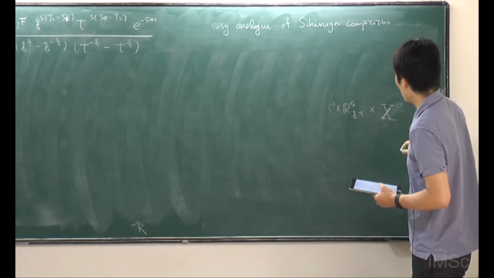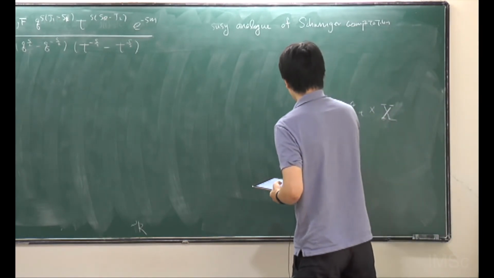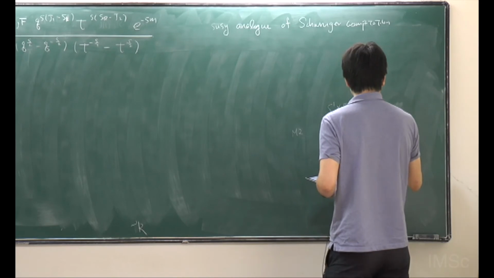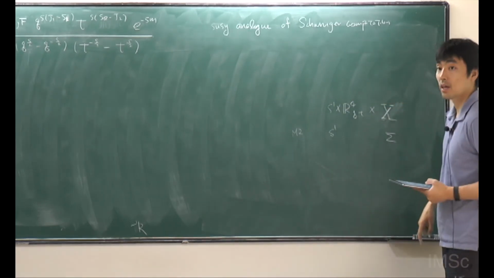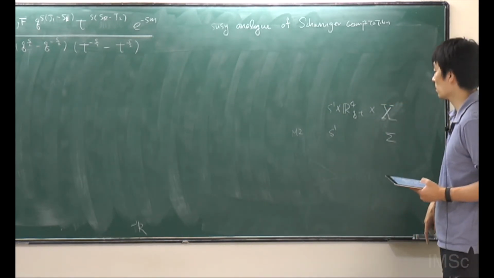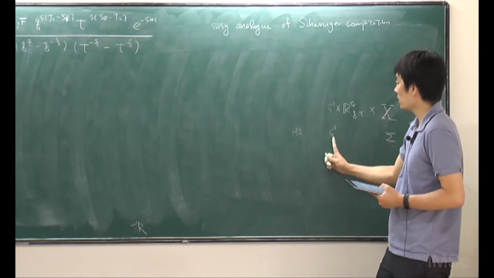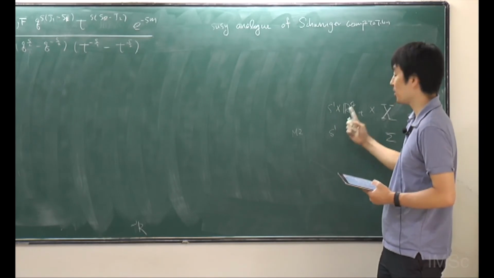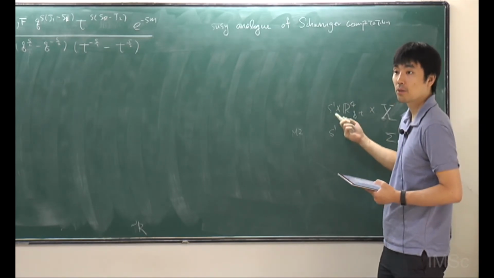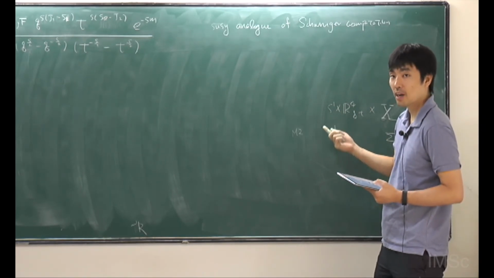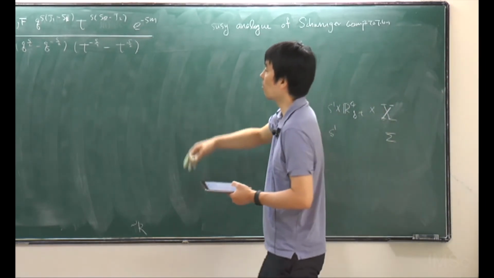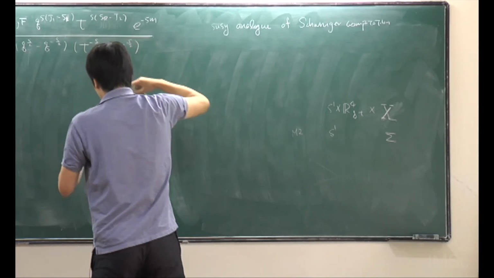The BPS states come from M2 branes wrapped on S1 cross some holomorphic cycle sigma. And therefore, it runs along this M0 cycle direction in the presence of the omega background, which is a graviphoton field. Therefore, one can apply a similar Schwinger computation. It takes the following form, and the denominator comes as follows.